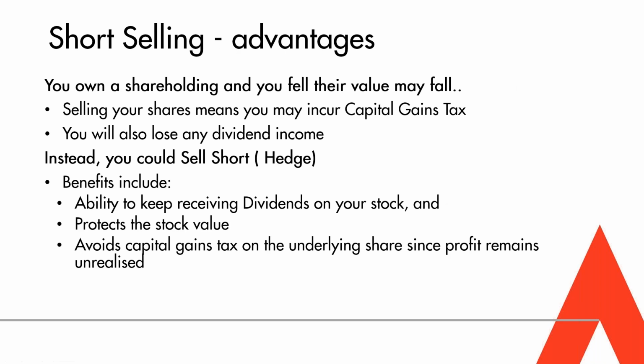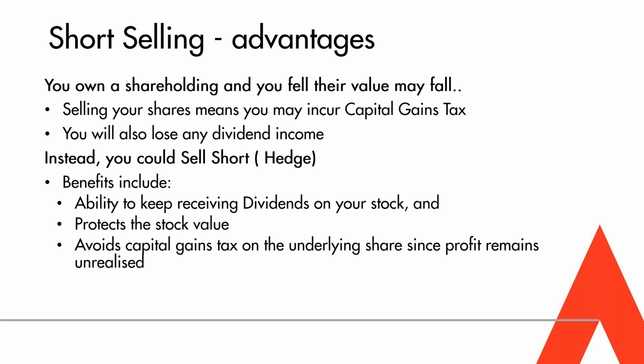Some of the advantages of short selling. So you own a shareholding and you feel their value may fall. Selling your shares means you may incur capital gains tax. So a big argument against selling your shares and taking the profit is you may incur capital gains tax. And of course, if you hold a stock for more than 12 months, you typically qualify for a 50% discount in capital gains tax.